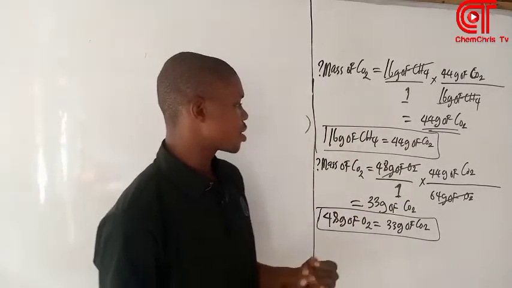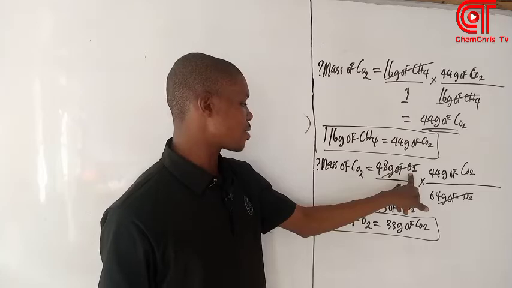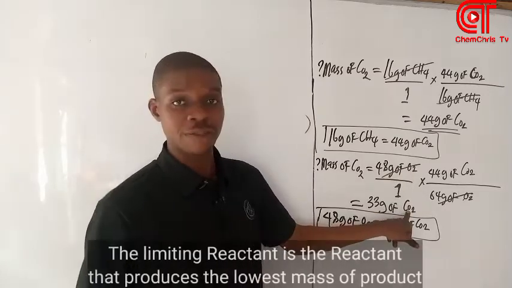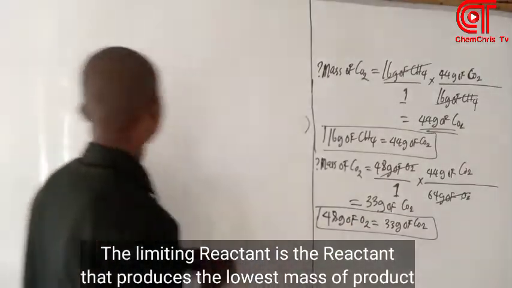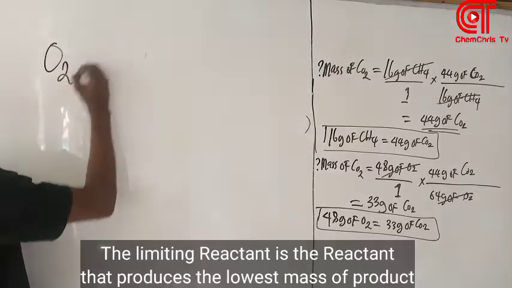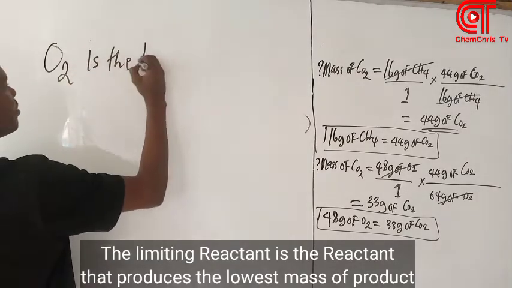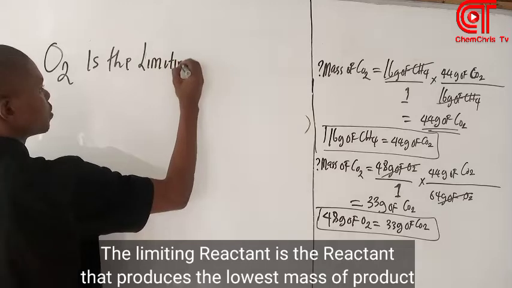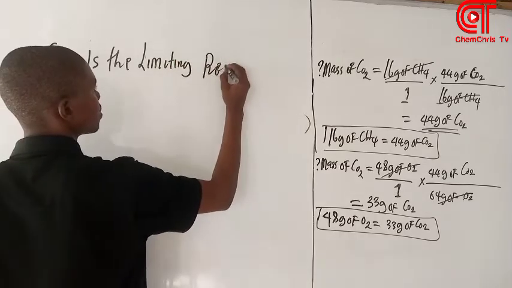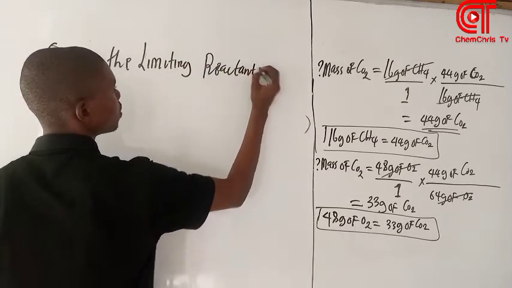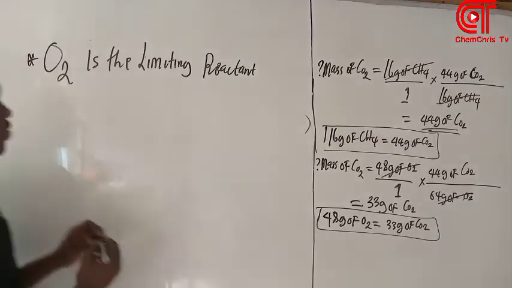It means that because O2 produces the least amount of CO2, which is the product, it means that O2 is the limiting reactant. Do you get that? What is the limiting reactant?